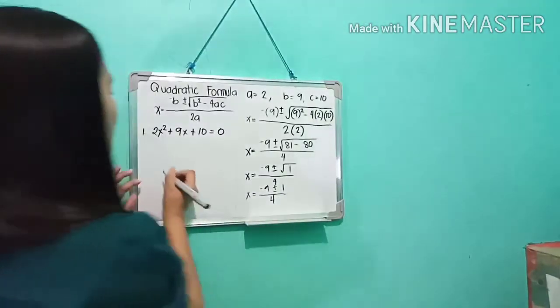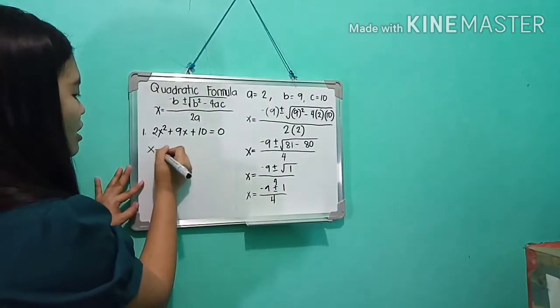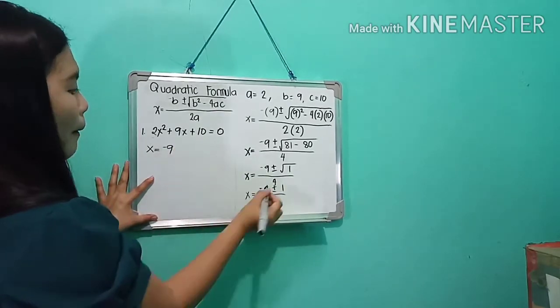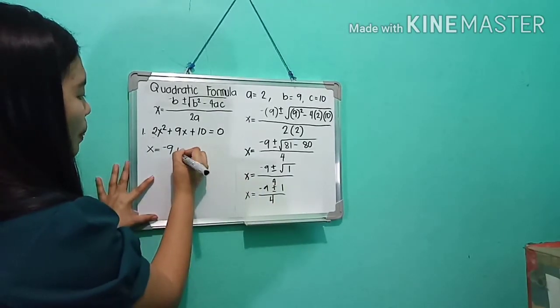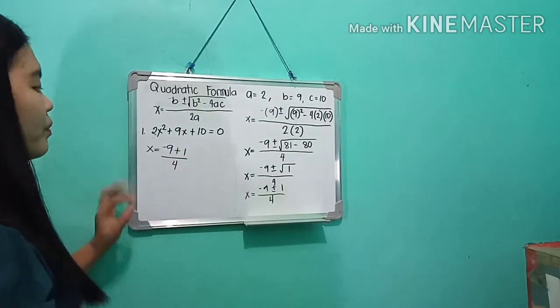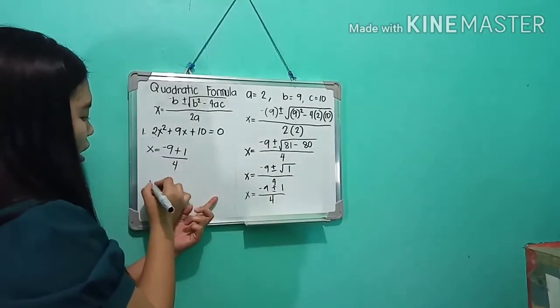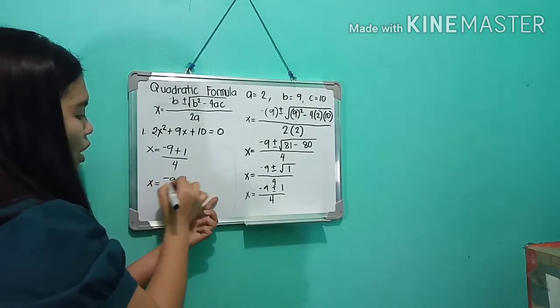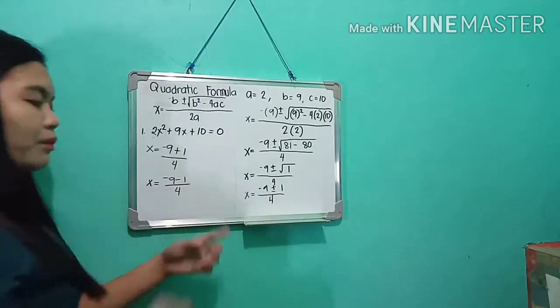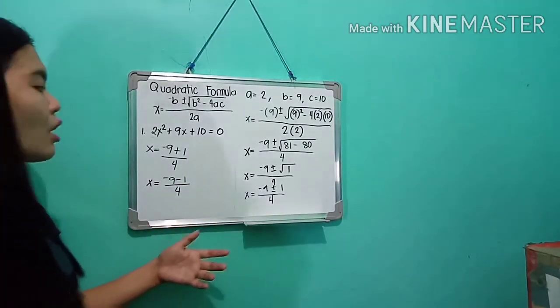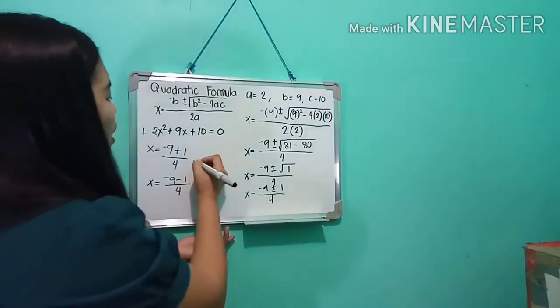We have here x is equal to negative 9 plus 1 over 4, and the other one is x is equal to negative 9 minus 1 over 4. To get the final value of x, we just have to simplify this one.